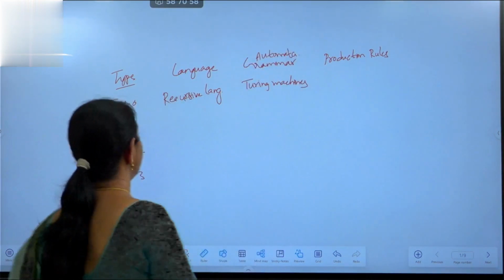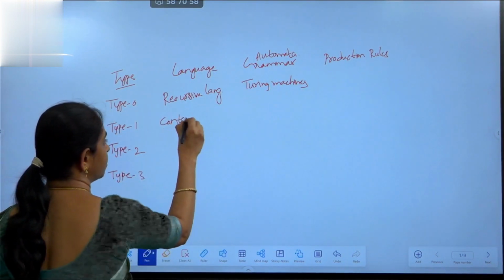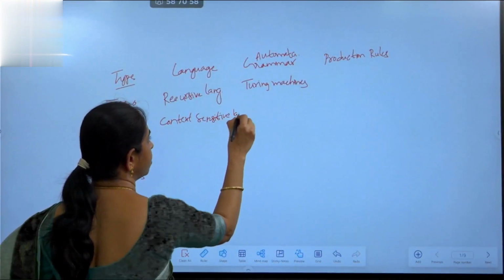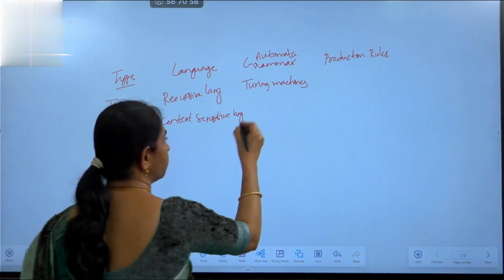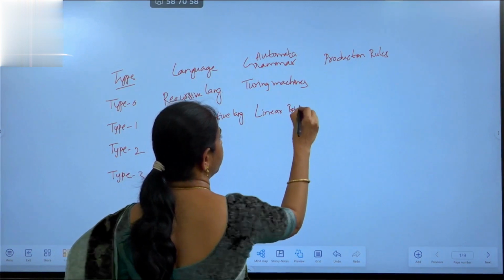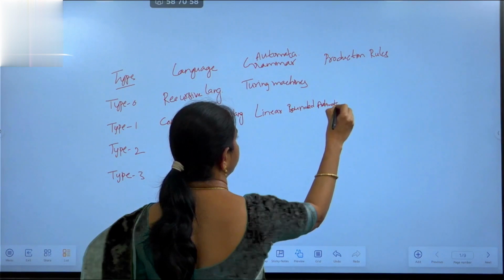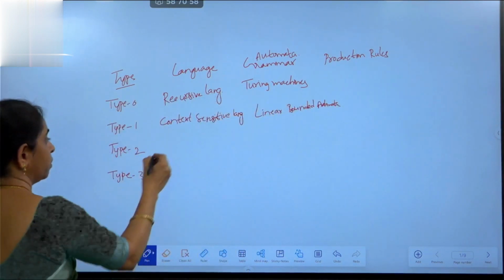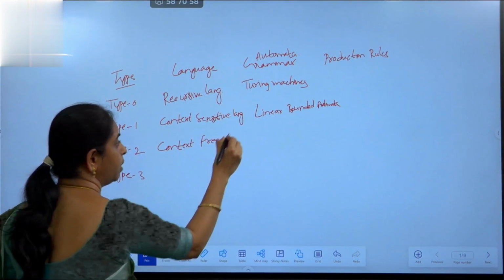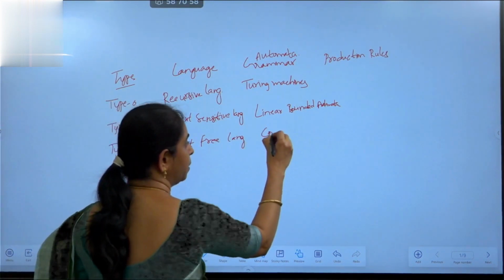For type 1, we use the context sensitive language, and the automata is the linear bounded automata. Next, type 2 is the context free language, simply called CFL, and the grammar we use is context free grammar.